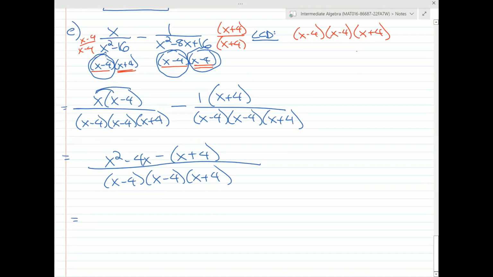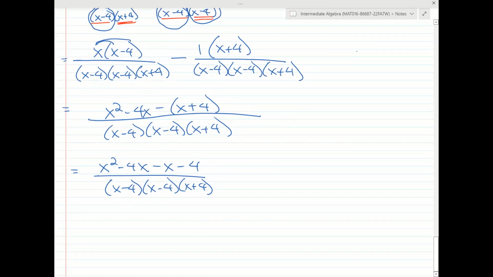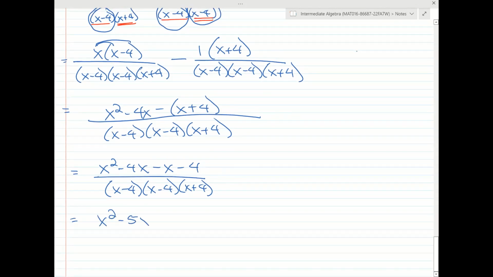Now let's see what the second part is. This is x squared minus 4x minus x minus 4 all over the bottom. It's a lot of writing. But just to wrap it up here, we get x squared minus 5x minus 4 over the bottom.